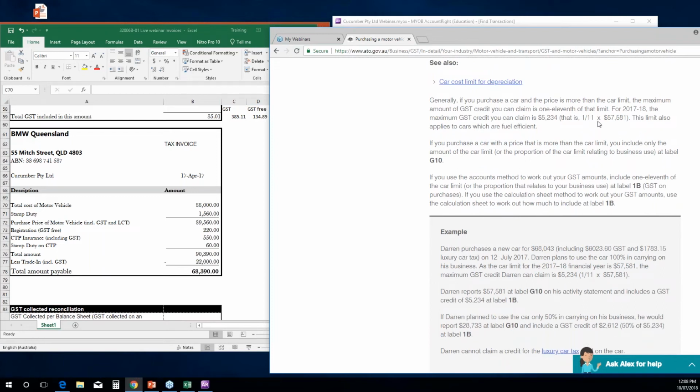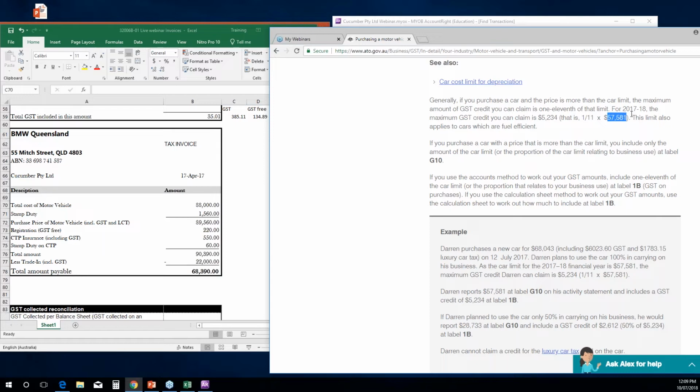Look at this. If you purchase a car and the price is more than the car limit, the maximum amount of GST credit you can claim is only up to the limit, 1/11th of the limit. That means the limit will include GST. The limit showing here is 2018, but that is the same as 2017.